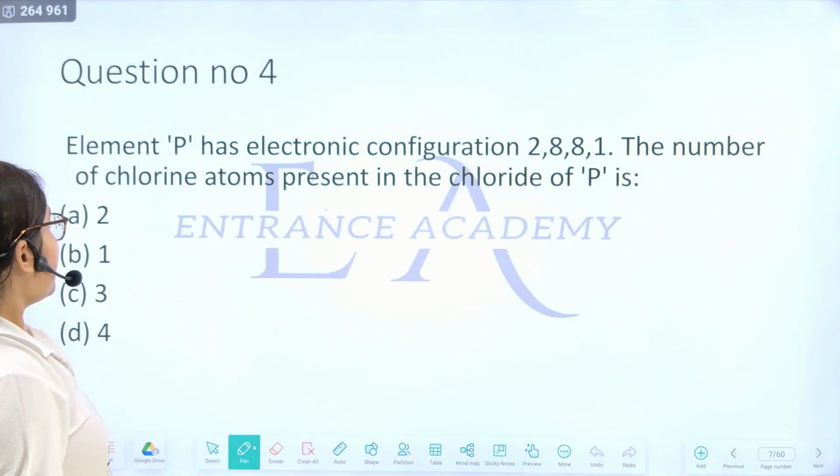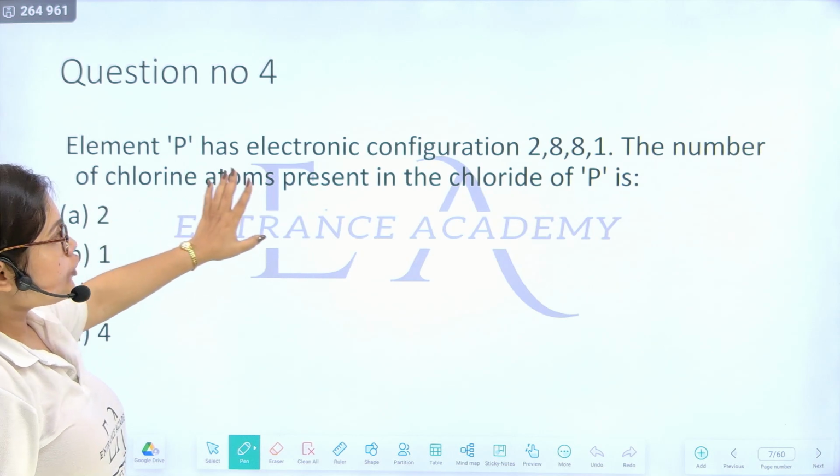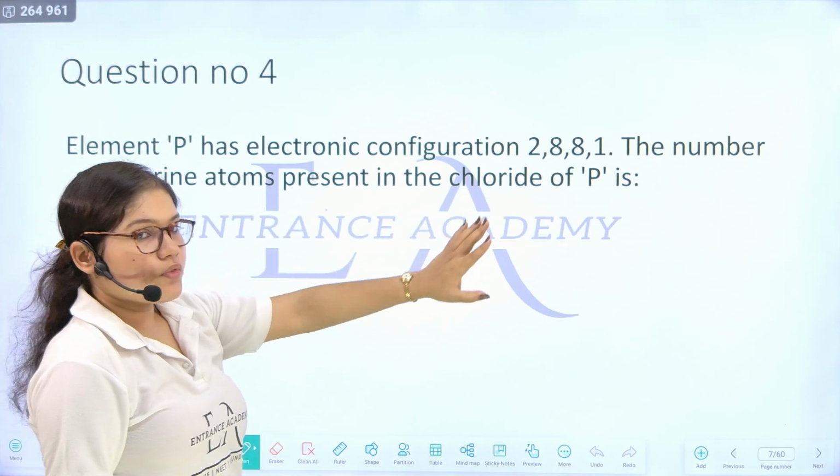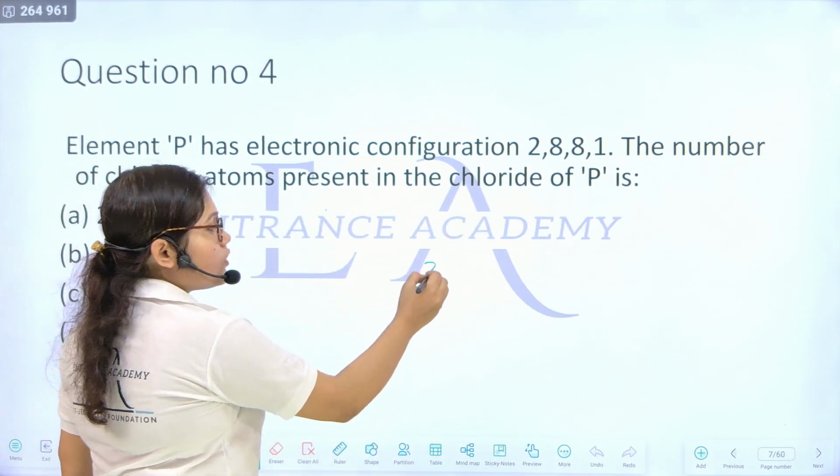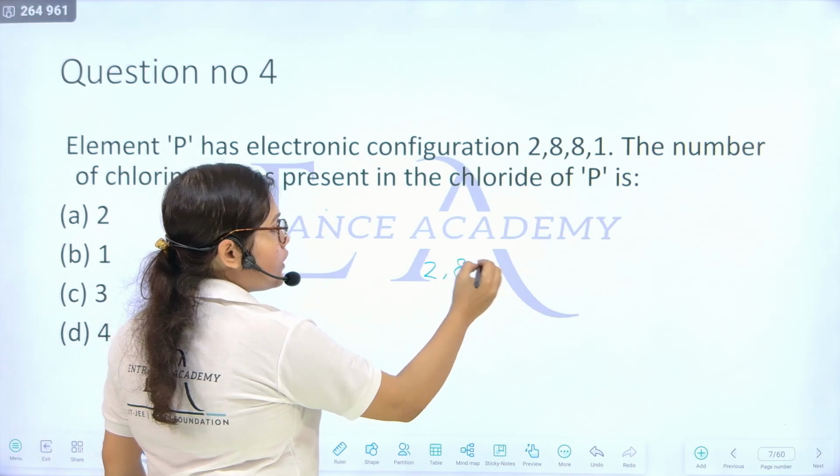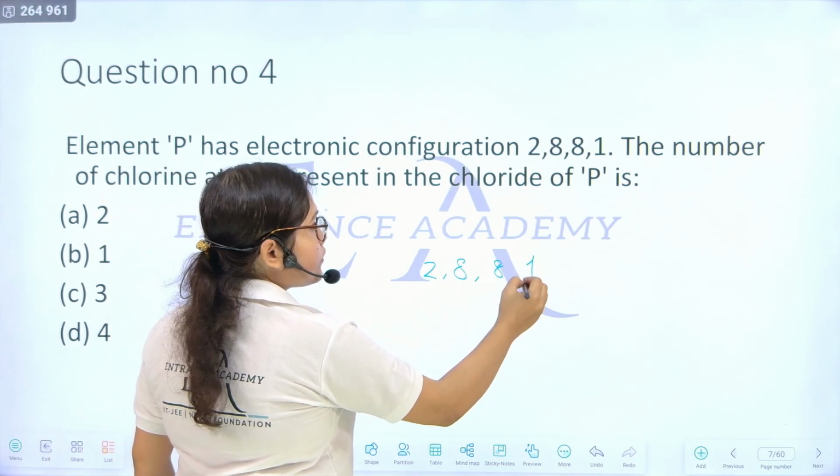Next question. Element P has electronic configuration 2, 8, 1. First you need to check the electronic configuration of the element.